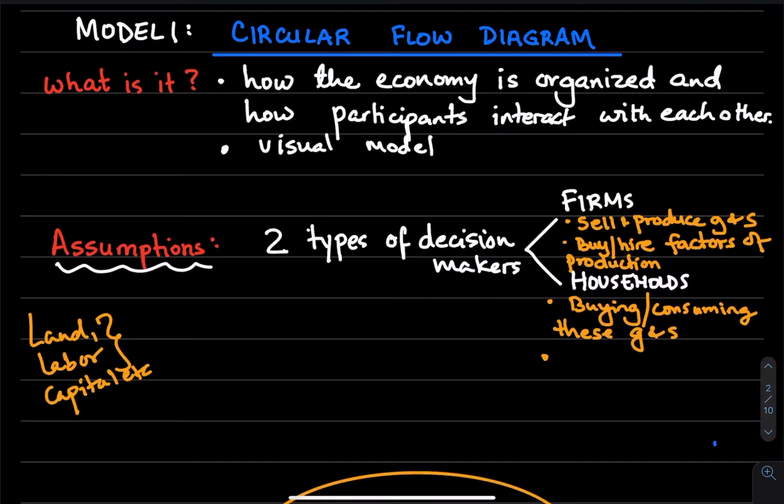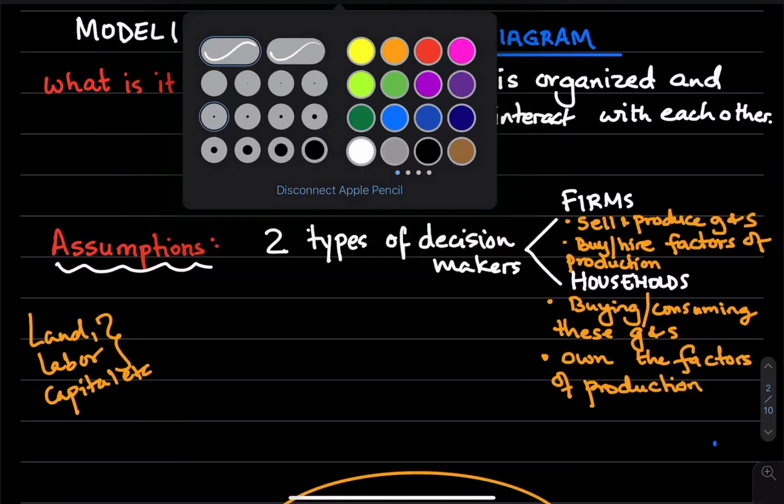Households also consist of people who own the factors of production. Again, factors of production are things that we require in production. So households like ourselves can own land, labor, capital, entrepreneurship, etc. So these are really the two types of decision makers. So this is one assumption.